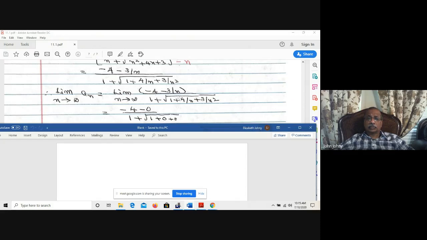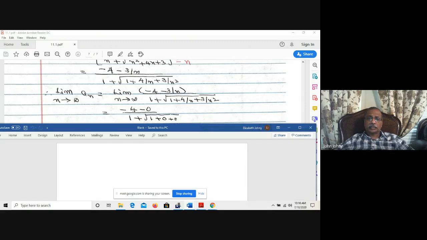And now substitute the limit. So the limit as n approaches infinity of an is equal to the limit as n approaches infinity of negative 4 minus 3 over n divided by 1 plus the square root of 1 plus 4 over n plus 3 over n square. 3 over infinity is 0, 4 over infinity is 0, 3 over infinity square is 0.